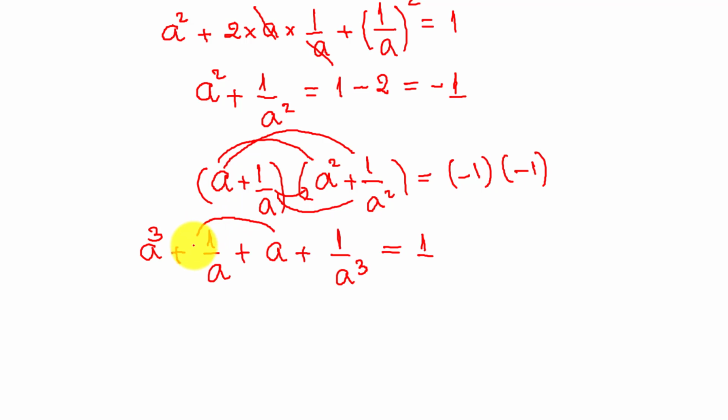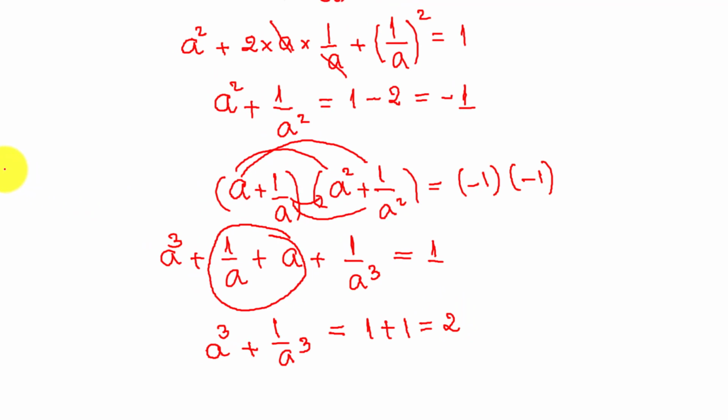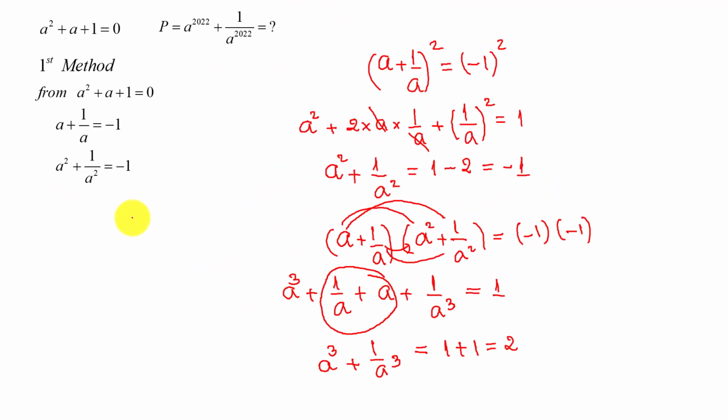And this a plus 1 over a is equal to minus 1. So I get a power 3 plus 1 over a power 3 equals 1 minus 1... if I change it to the right hand side, we get plus 1, so 1 plus 1 is equal to 2. Now we have the third equation.